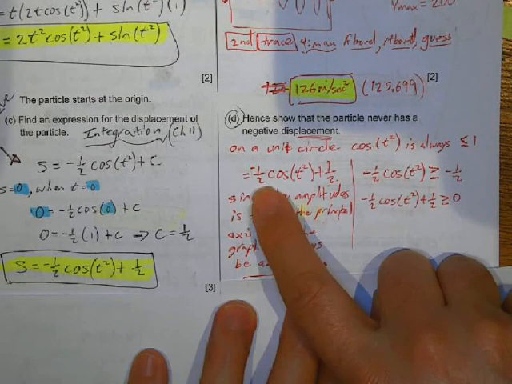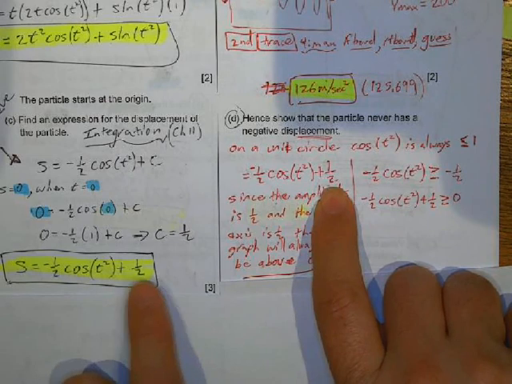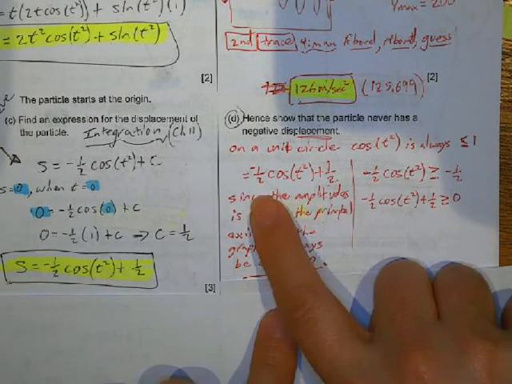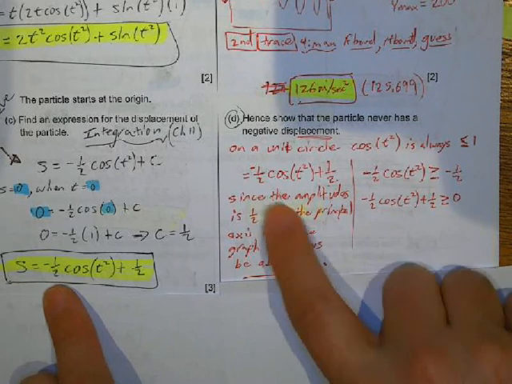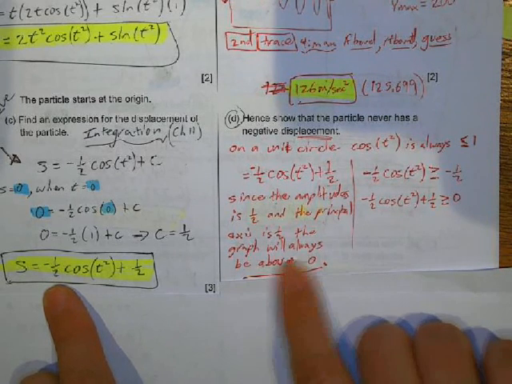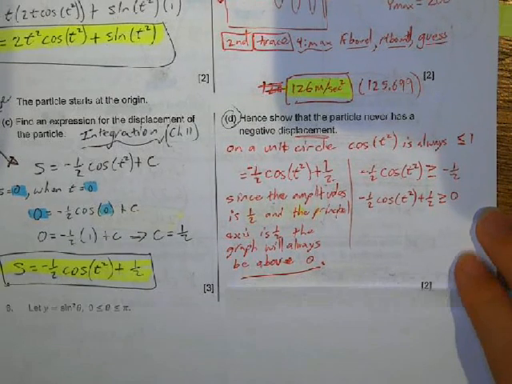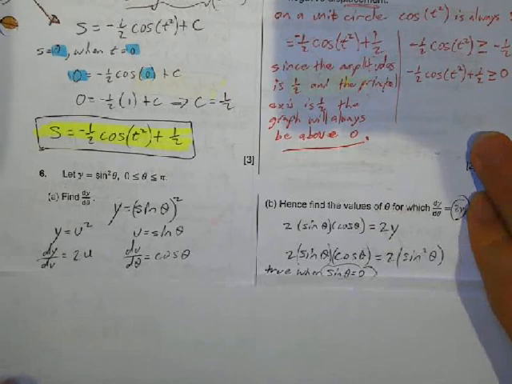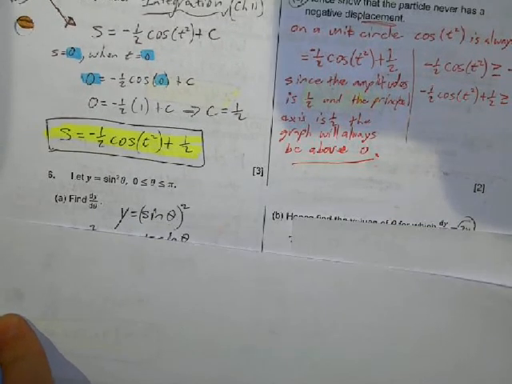We also know that we've got a principal axis of 1/2, because that's what c is, and an amplitude of negative 1/2, which is what we have here. Since the amplitude is 1/2 and the principal axis is 1/2, the graph is always going to be above the x-axis. You might need to hit rewind and play that again if you need to hear that one again.